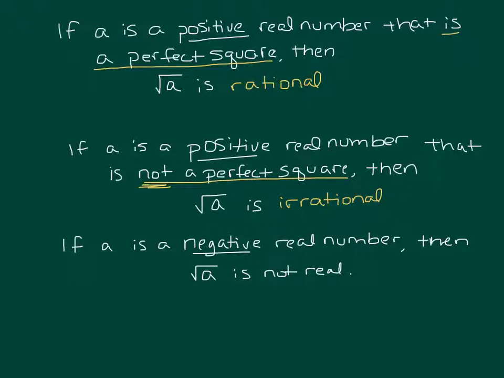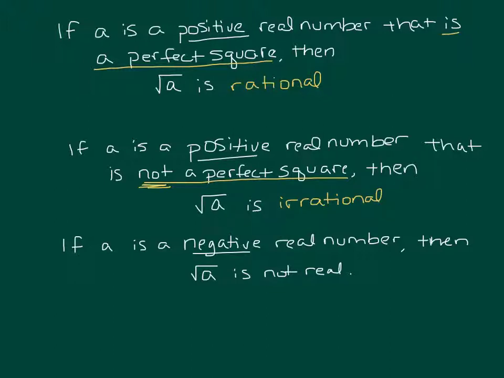It's a rational number. Our second case, if A is a positive real number that is not a perfect square, so it can be 2, 3, 5, 6, 7, 8, 13, any number that's not a perfect square but still positive, A is an irrational number.